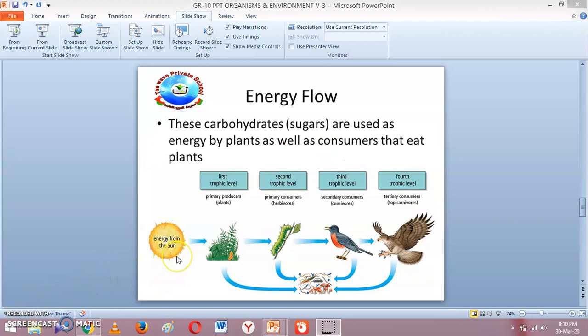So in this picture, as I told you before, each living thing comes under a trophic level. That means each level in the pyramid is called a trophic level. The pyramid is this shape because if we put one upon another, one after each one, it will look like a pyramid shape.